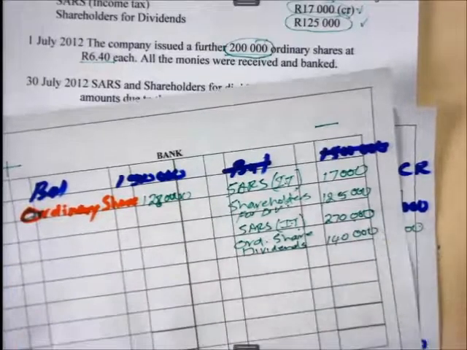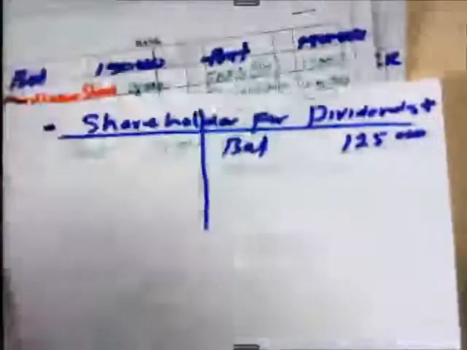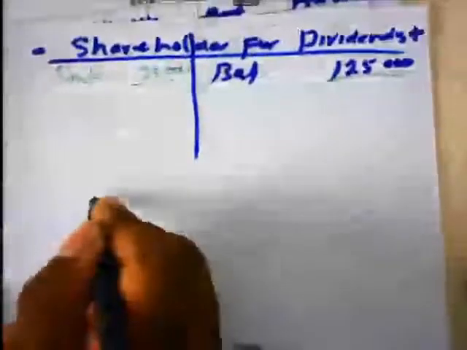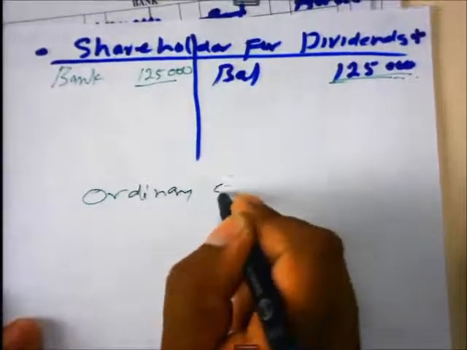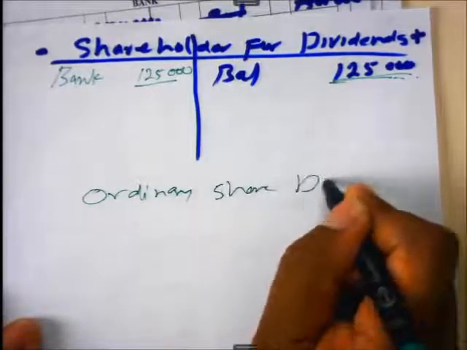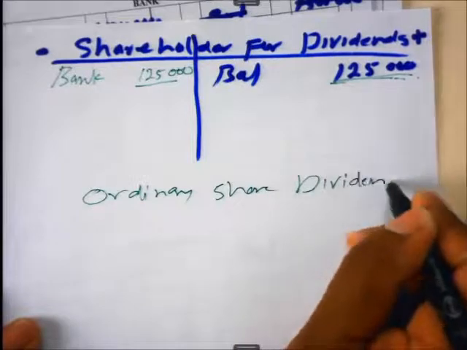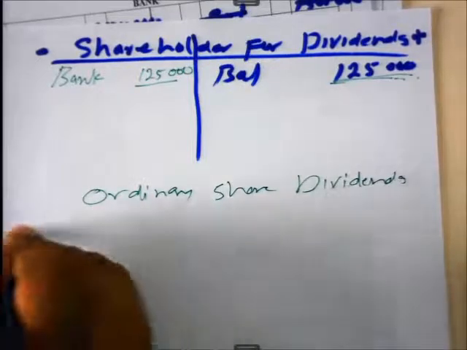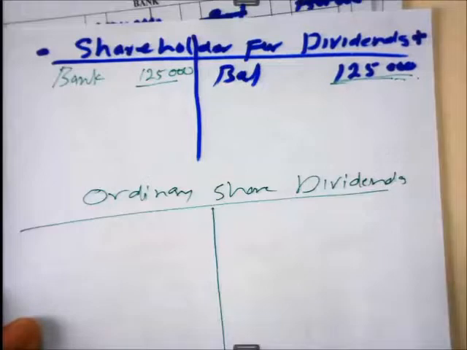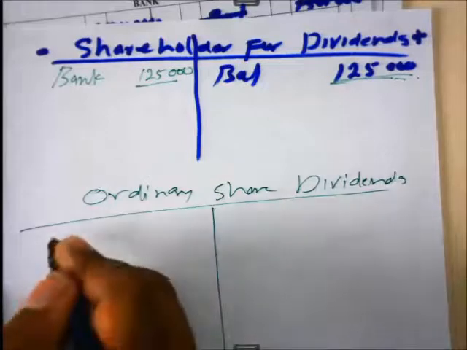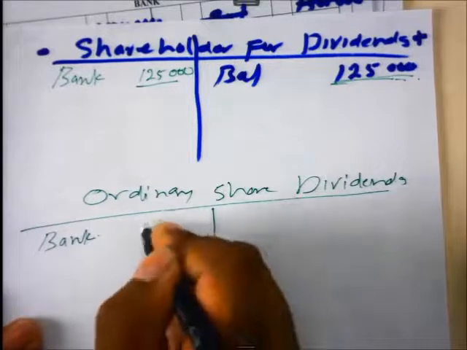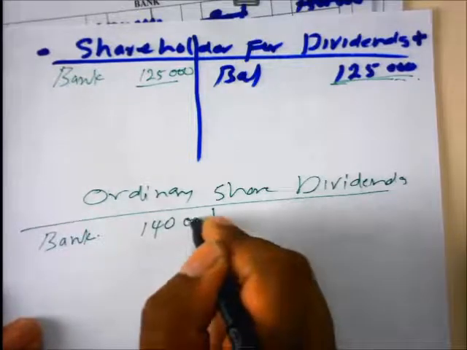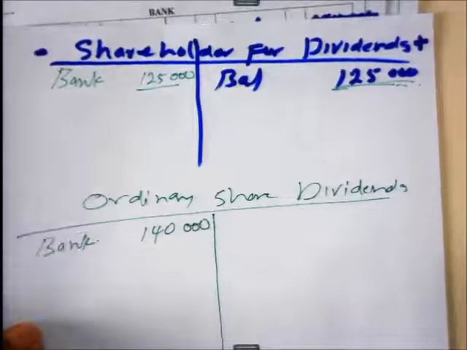The question did not ask us to prepare ordinary share dividends, but I'm going to open that account just to illustrate. We have credited the bank with ordinary share dividends, therefore we must debit ordinary share dividends with bank 140,000.